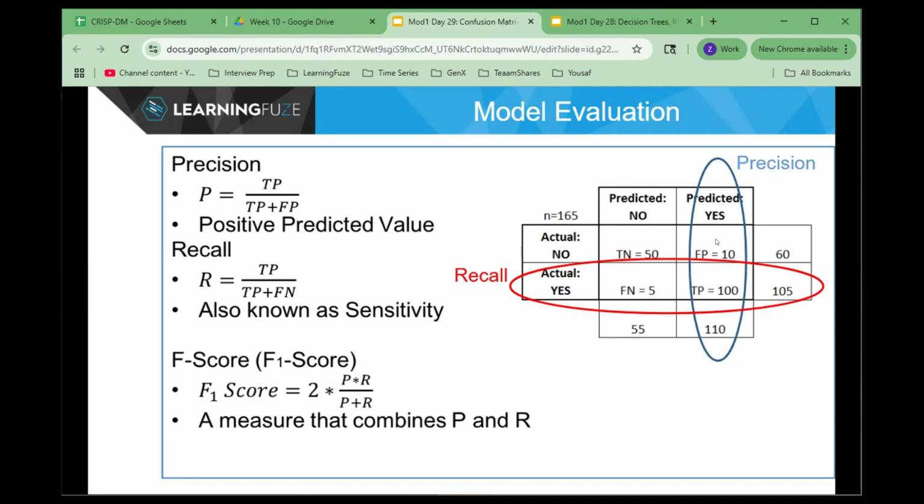Excellent. In some situations, recall might be way more important than precision, or in other cases, precision could be more important than recall. Can anybody give me an example of where recall is more important?